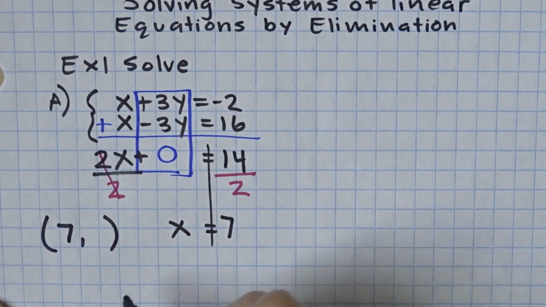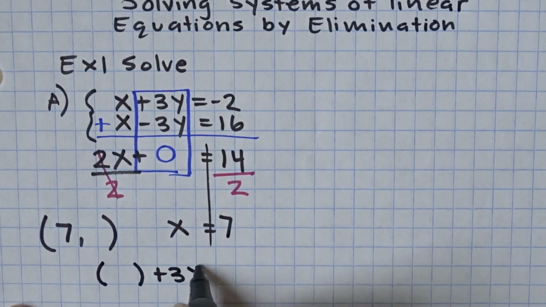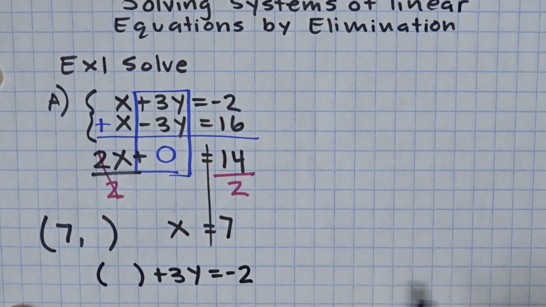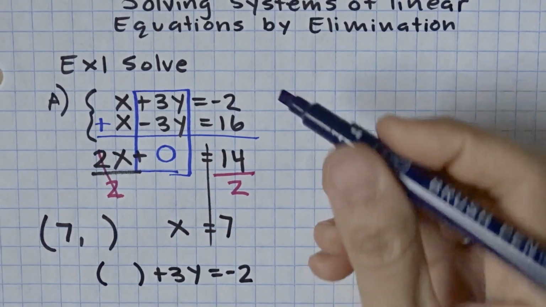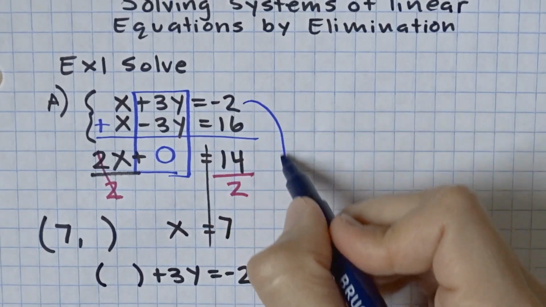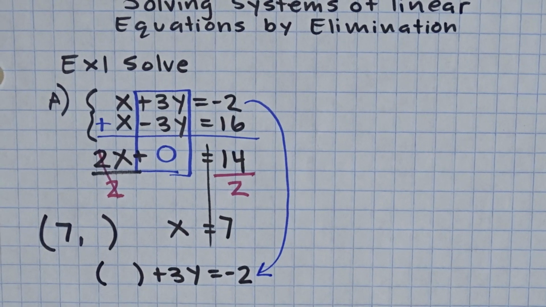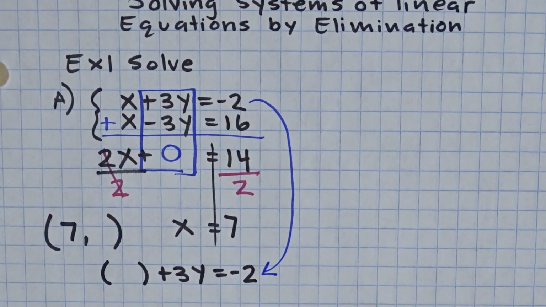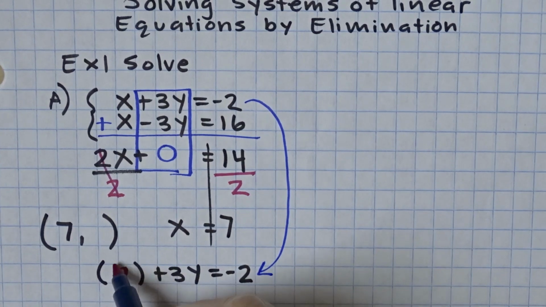So I'm going to replace that in x plus 3y equals negative 2. All right, and just so you see where that came from, this equation just came down here. Okay. And now my x was 7, so that's what I'm putting here.